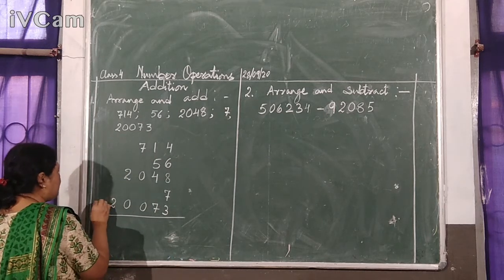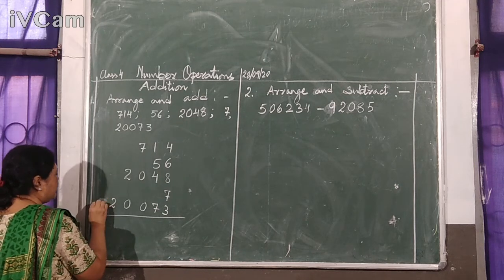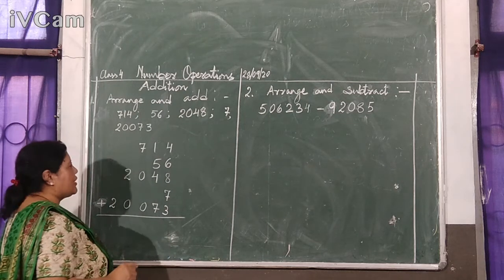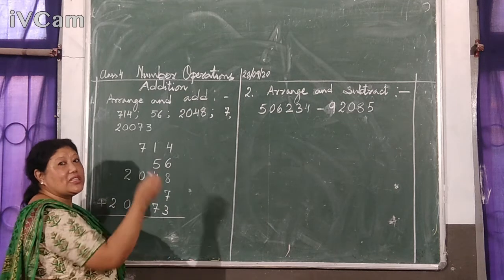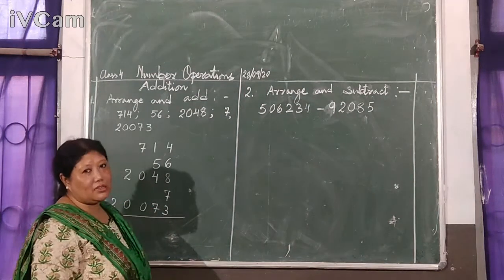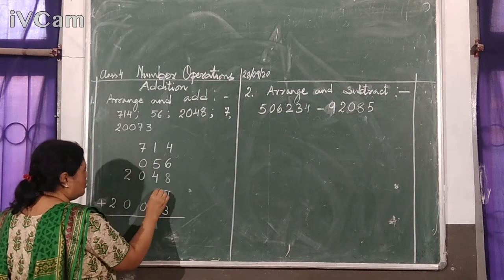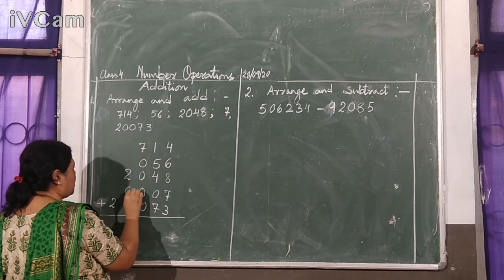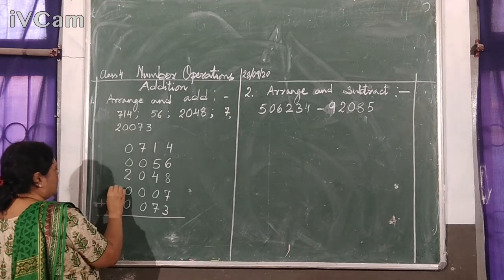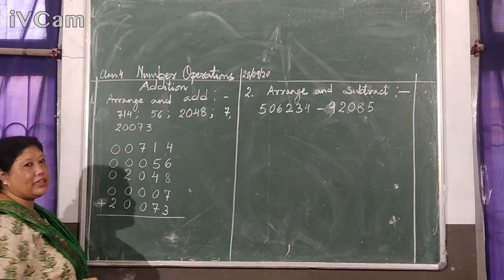Now the addition sign. Don't forget to put the addition sign because you are doing addition, okay? And it will be better if you put 0 in the empty spaces. 0, 0, 0, 0. Here also 0, 0, okay. It will be easy to add if you do like this.